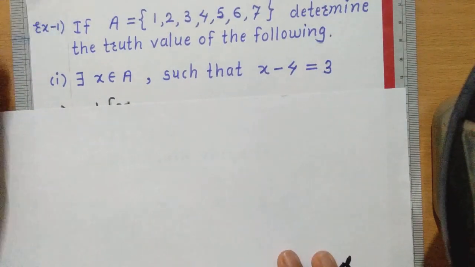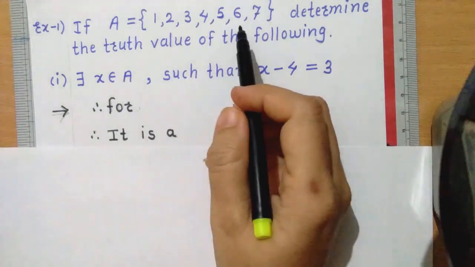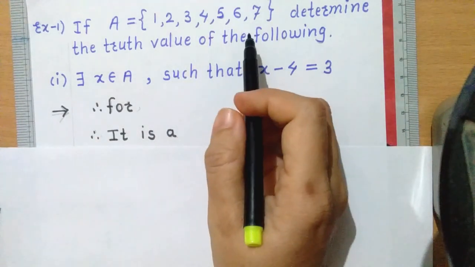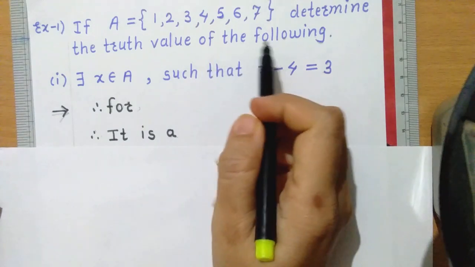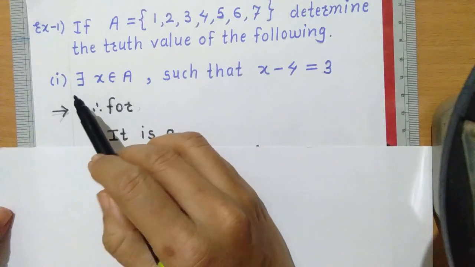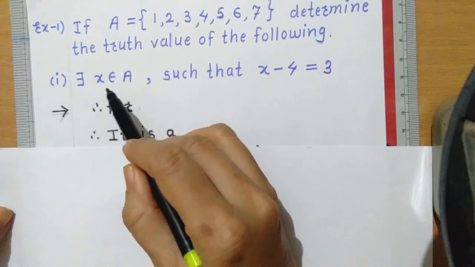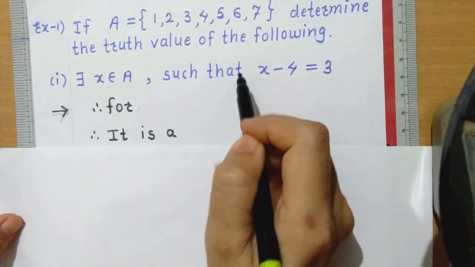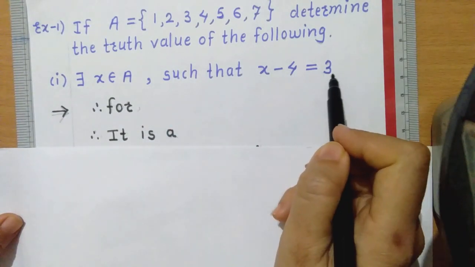First question: if A is equal to {1, 2, 3, 4, 5, 6, 7} is a set, determine the truth value of the following. First example: there exists x belongs to A such that x minus 4 equal to 3.